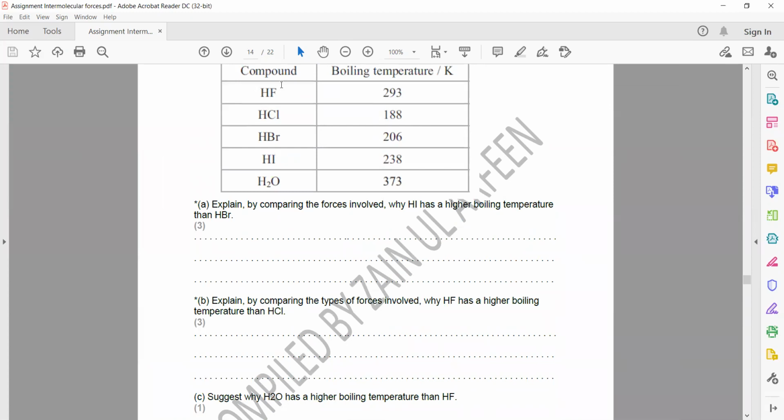So HF has hydrogen bonding, whereas HCl will have permanent dipole or dipole-dipole forces. And hydrogen bonds are stronger than dipole-dipole.